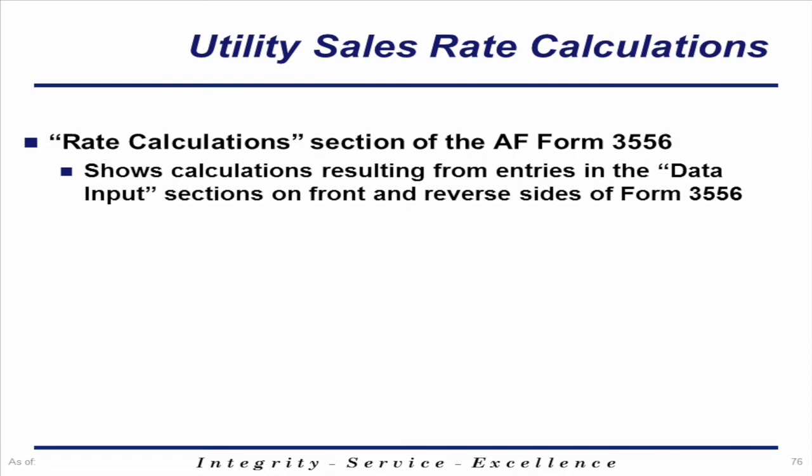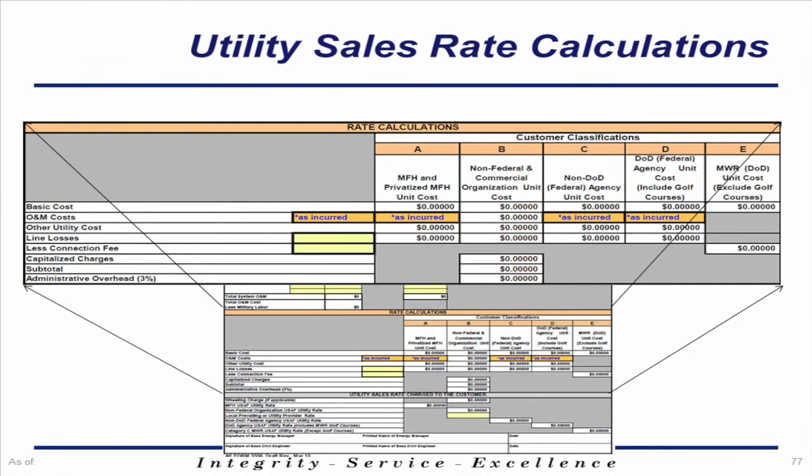Utility sales rate calculations. We're going to talk about the rate calculation section of the Air Force Form 3556. This shows the result of those data entries that have been made on the front and reverse sides of the 3556. Here you can see the blank Air Force Form 3556.